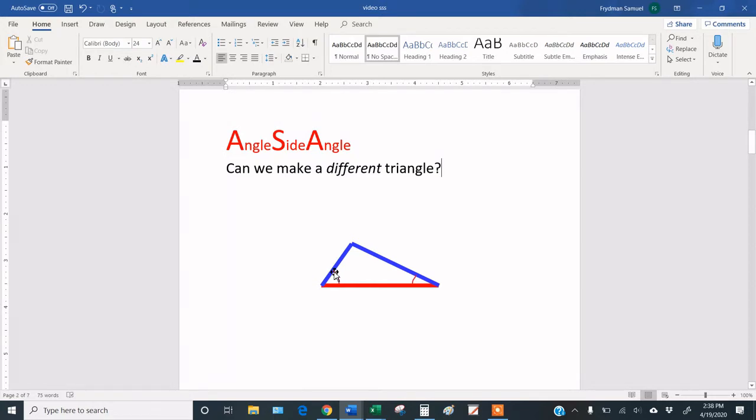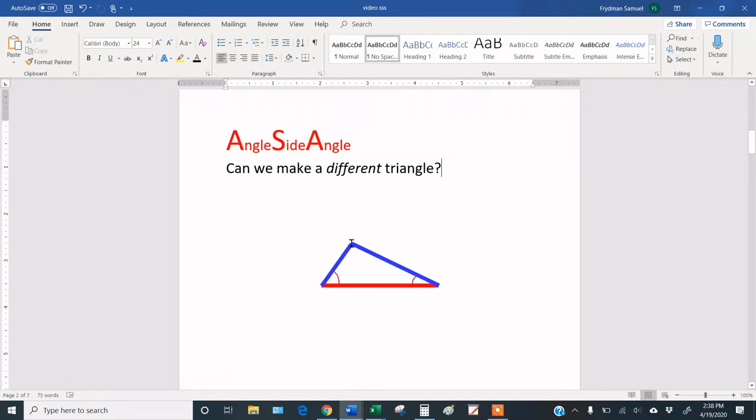So we are not allowed to change how big that angle is. And we're also not allowed to change this side, and we're not allowed to change this angle. So that's where the ASA comes from. Angle, side, angle. All of these things here are drawn in red, so we are not allowed to change them.